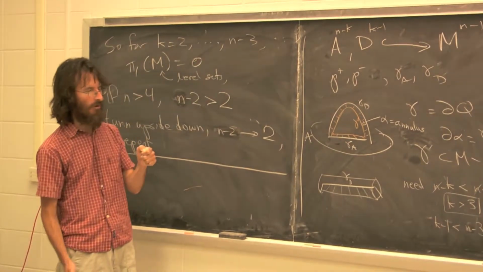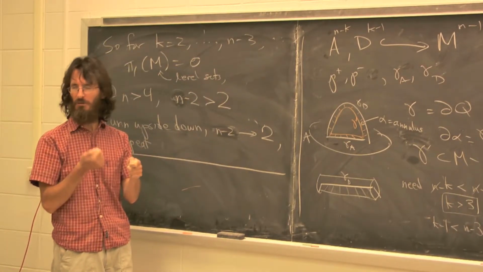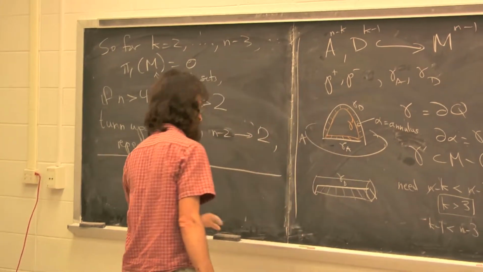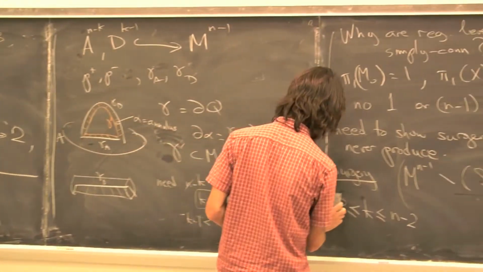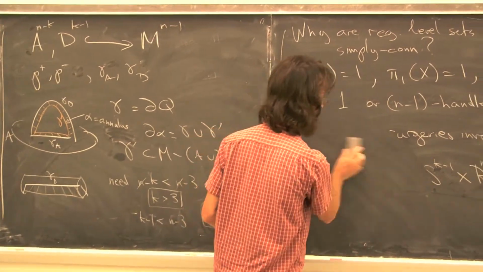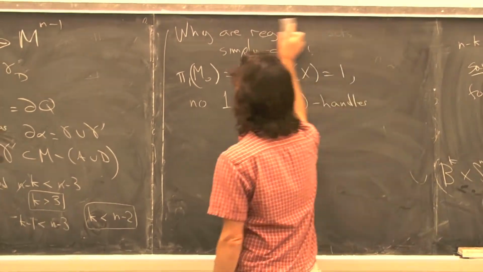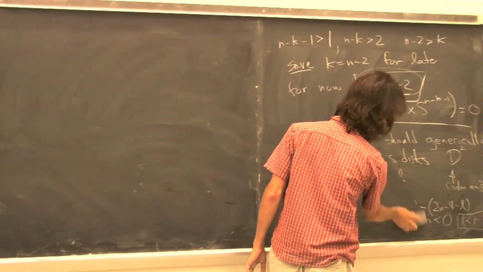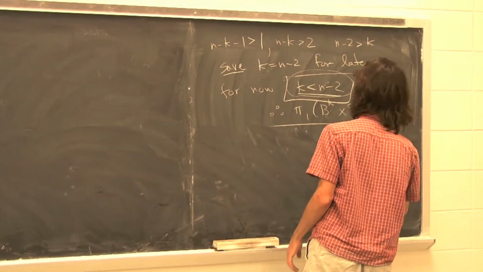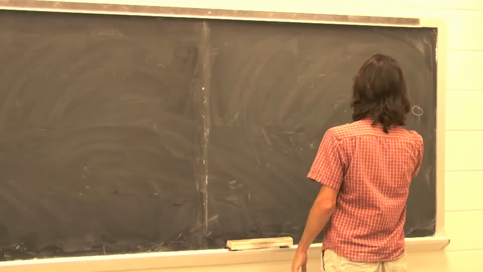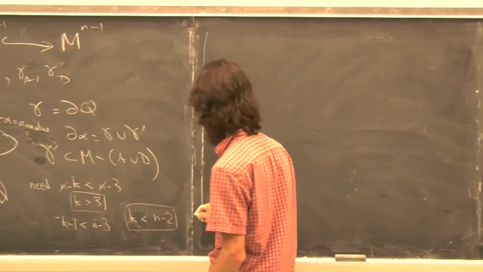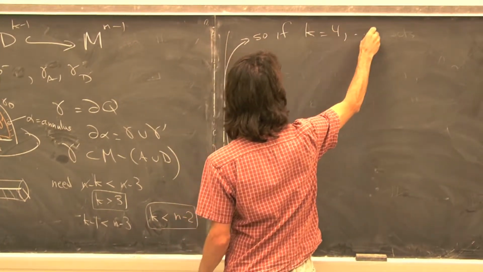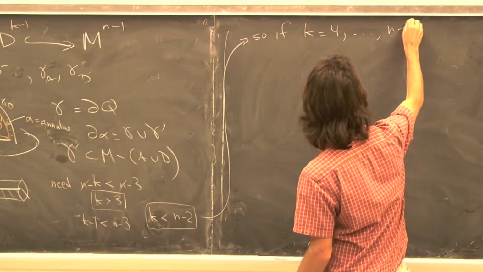For k from 4 up to n minus 3, we won't have any trouble arranging this disk to be embedded and disjoint.